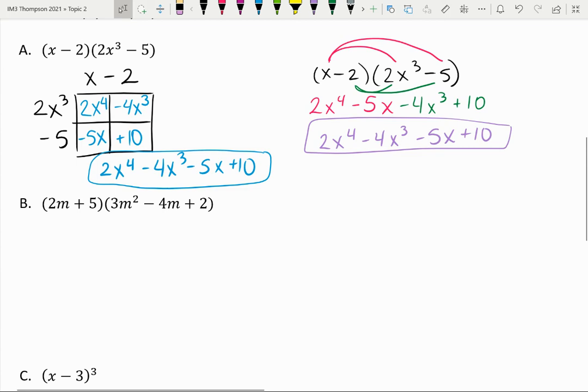So B, I have the binomial 2m plus 5 times the trinomial 3m squared minus 4m plus 2.